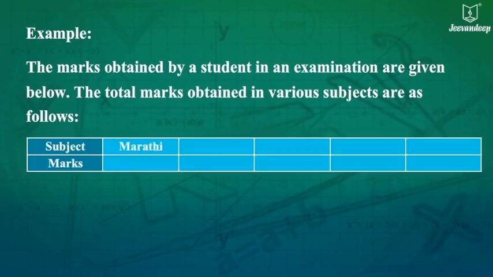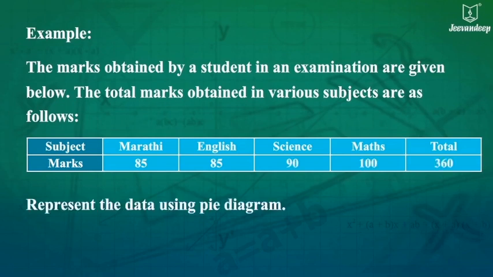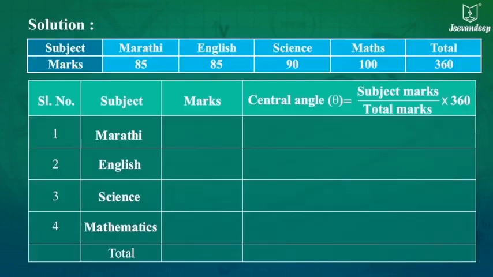Subject, marks. Represent the data using a pie diagram. First, we compute the central angle for each subject as shown in the table.